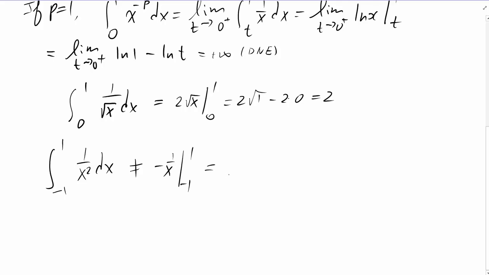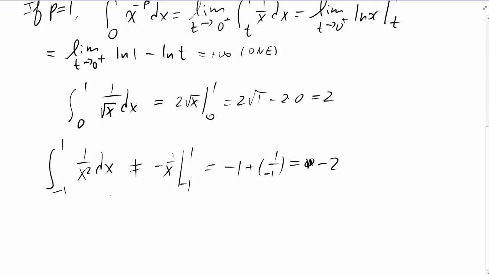Of course, you can get -1 minus 1 over -1, and somehow you get 0 over here. But that's not true, because we know that when we put 1 over x squared in there, we should get a positive value, not 0.